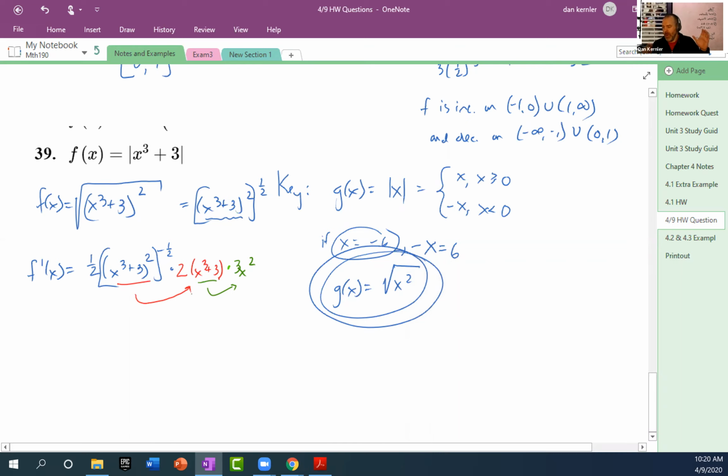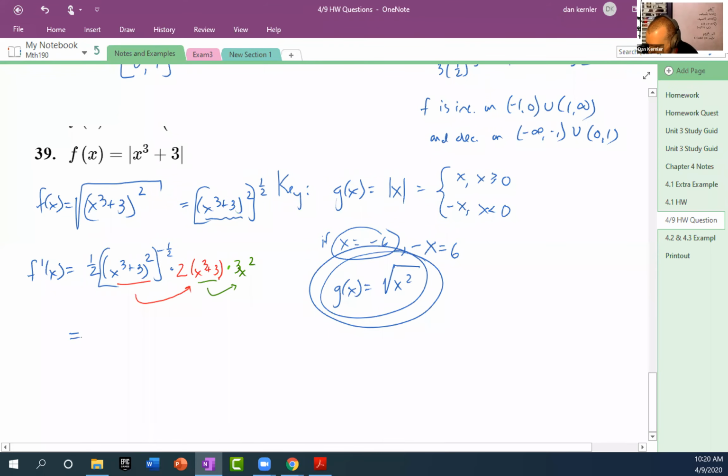So we did 1/2 u to the negative 1/2. Then we had to multiply by the derivative of u. And u was like v squared, so that's 2v. And then finally, the derivative of v is 3x squared.